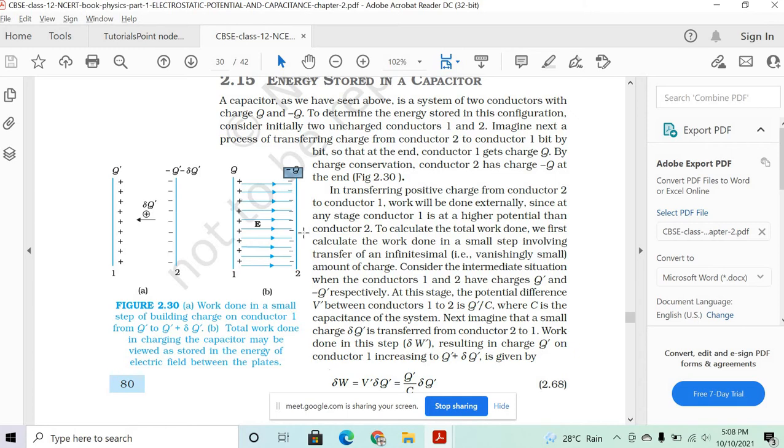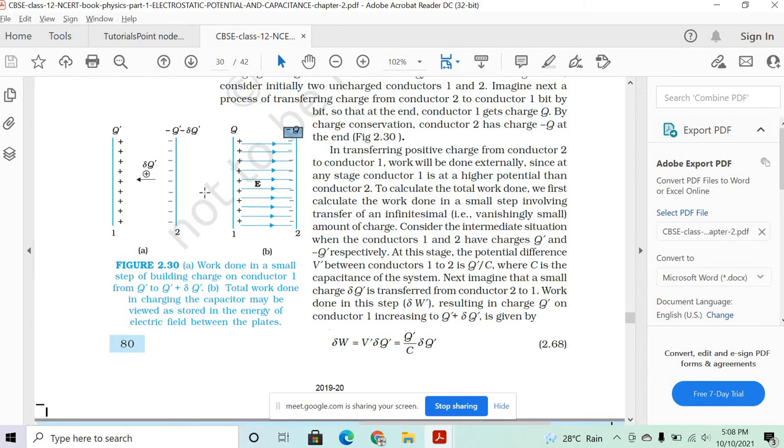In the figure, the delta q sign shows the positive charge going from the negative plate to this part. So some work has to be done to move the small charge. That work done will get stored as a part of energy. Understood or not?